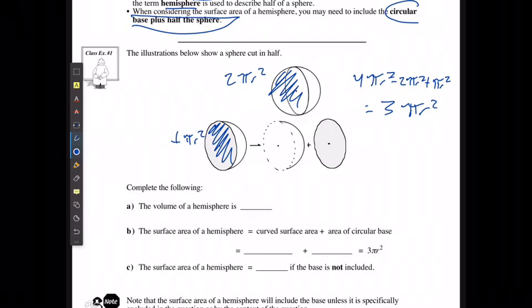We get that here. The curved surface area is the 2 pi r squareds, and then we're adding in the flat surface area on the base.